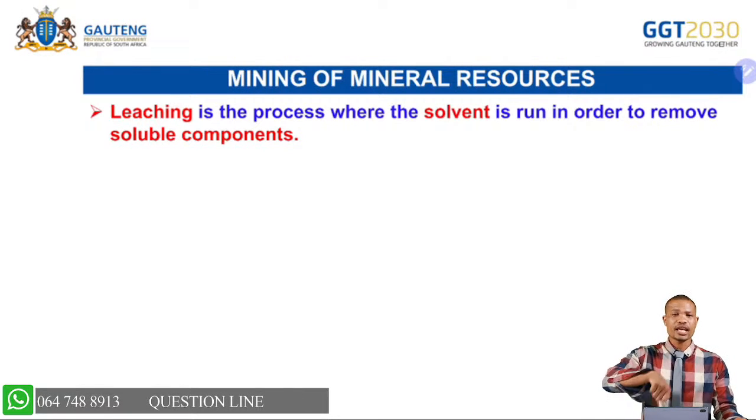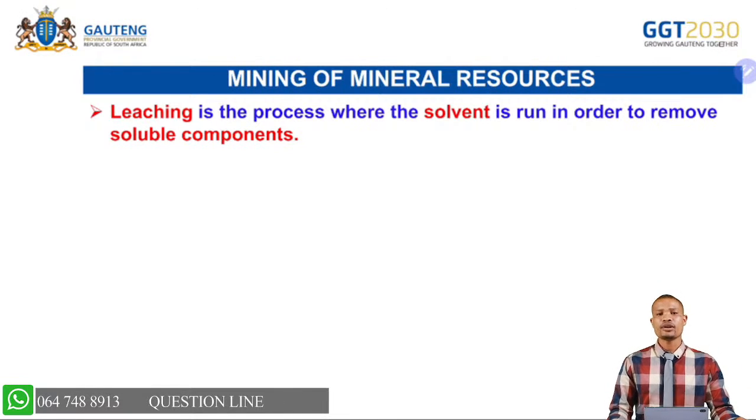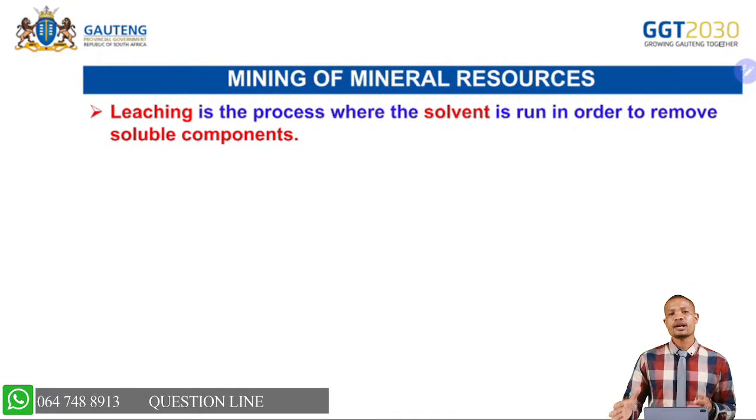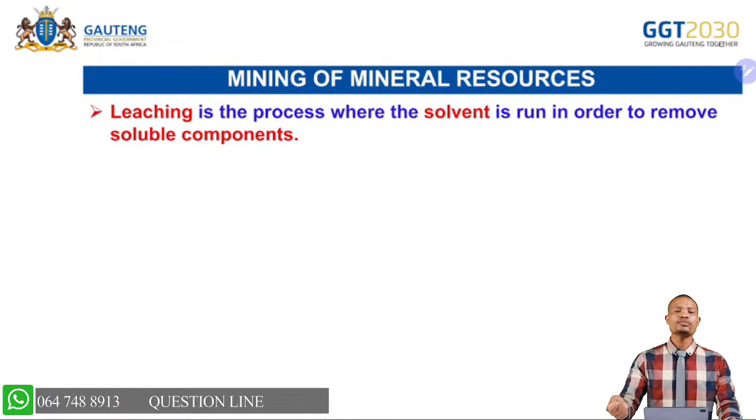But you need to stir it a bit. Some substances can just dissolve on their own when they are added into a solvent. So in the example of sugar and water, think of water as the solvent and sugar as the solute. The sugar is a soluble component in water. The same applies with minerals. In leaching, we add a solvent that causes the ore to dissolve, so that we can get the soluble components out of it.